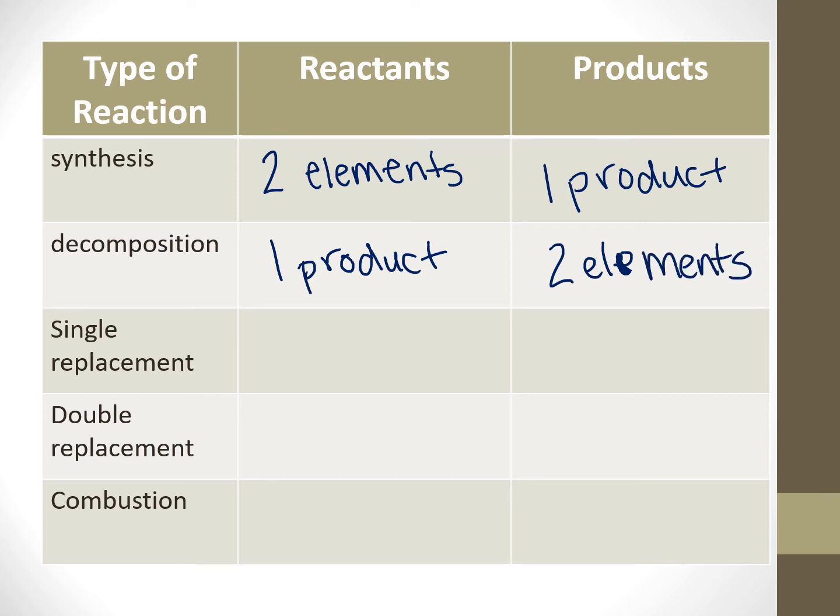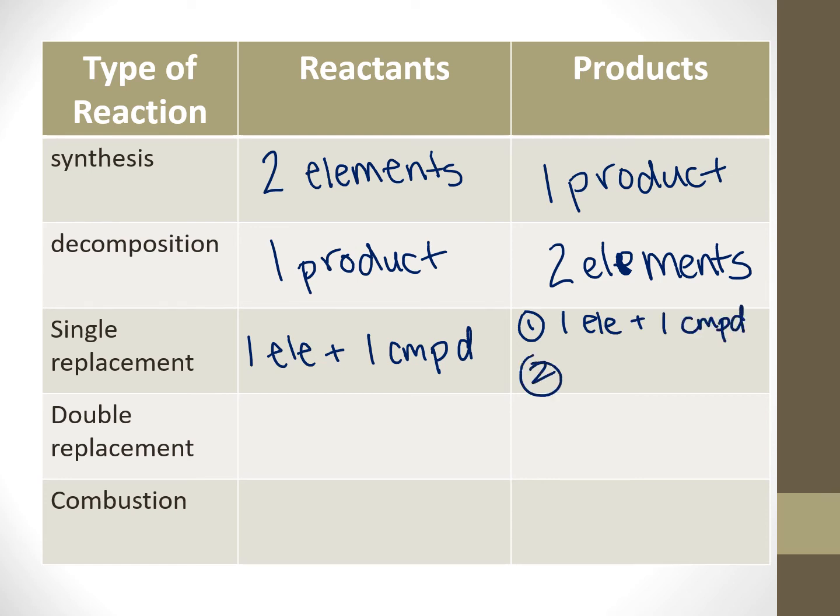Single replacement, you're going to start with 1 element plus 1 compound. Now, you have 2 options here. You might end up with 1 element and 1 compound, or you might get an NR, no reaction. Remember, for the single replacement, you need to use your activity series.